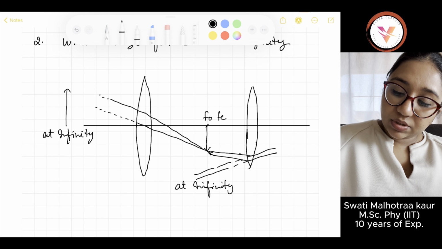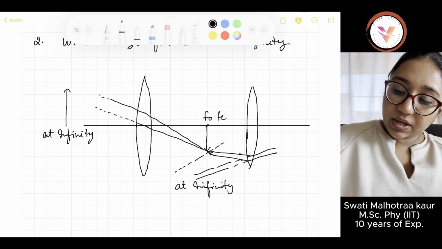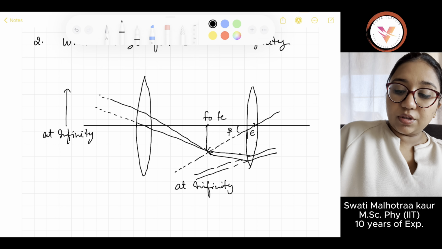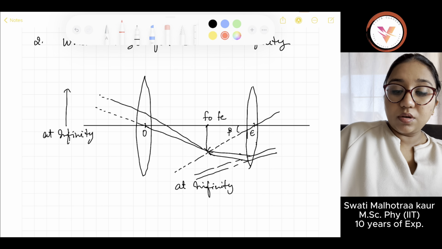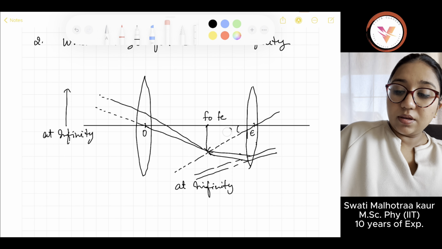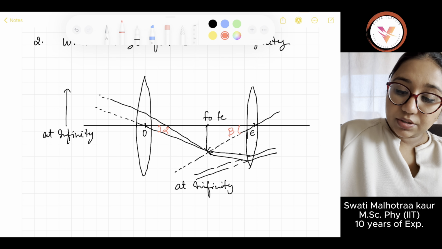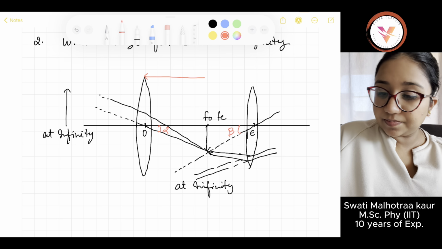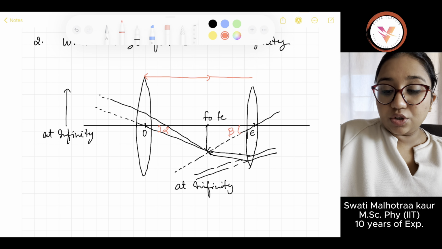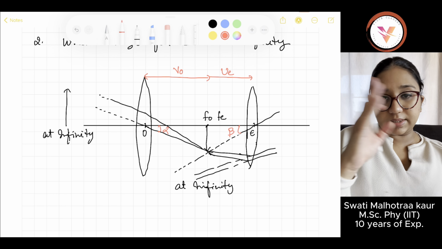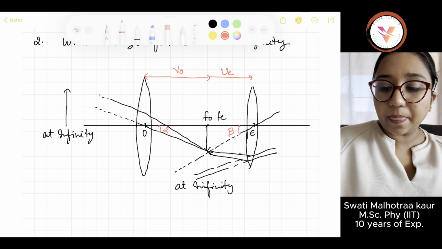And let's suppose any ray coming from infinity will make an angle beta with your eye, and similarly an angle alpha with the eye. Okay, so this distance is your VO, UE, and UO is at infinity and V is at infinity.